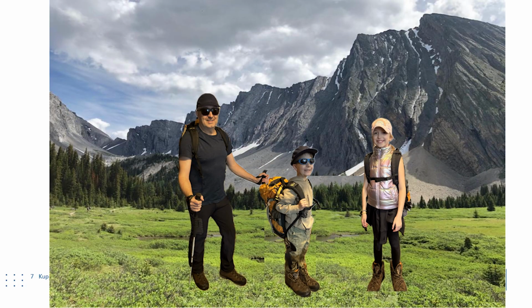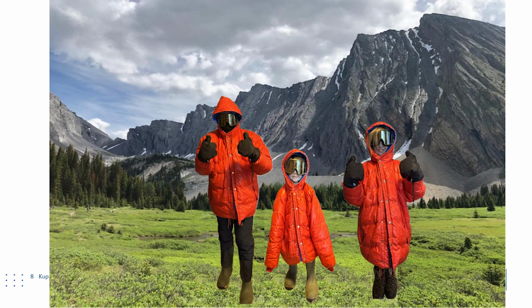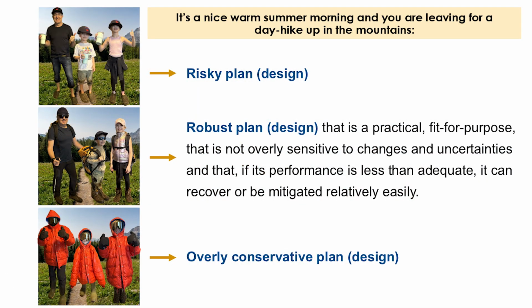But if now you've got hiking boots and hats and sunglasses, and you have backpacks to carry some extra clothing, some water, some food, maybe a small first aid kit, I think we would all agree that's a bit more of a robust plan. Now, if you add winter parka and goggles and winter gloves, that's a bit of an overkill. So here's a risky plan or design, a robust design, and an overly conservative design. It's a very simple example, but I think it captures the essence of being a robust design without being overly conservative.